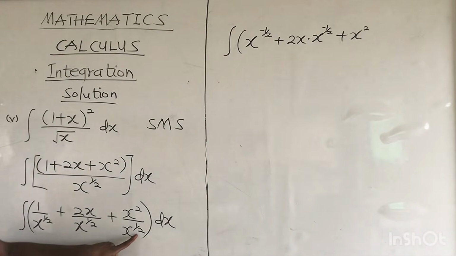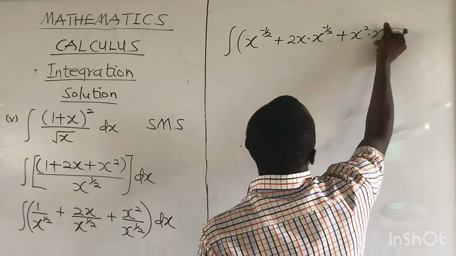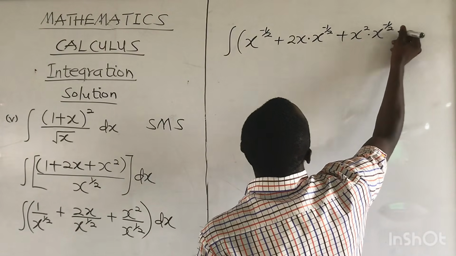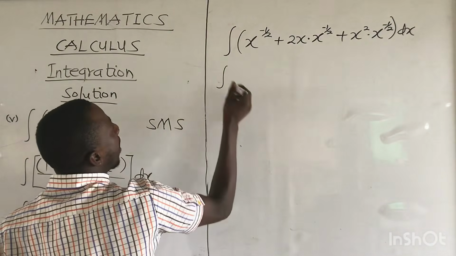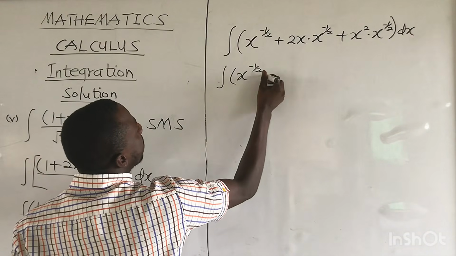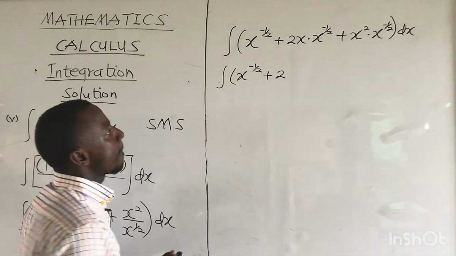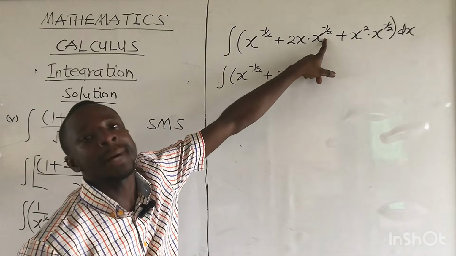So here I will still bring the x power half upward. It will also be multiplying x power minus half dx. So I still have x power minus half plus 2. This x is multiplying x power minus half.